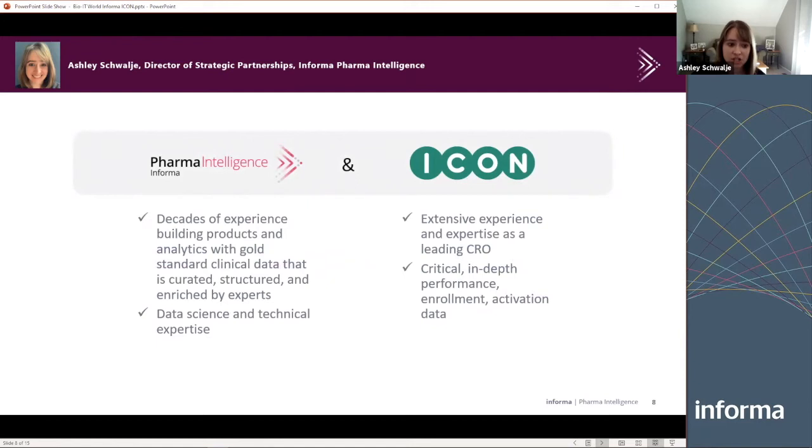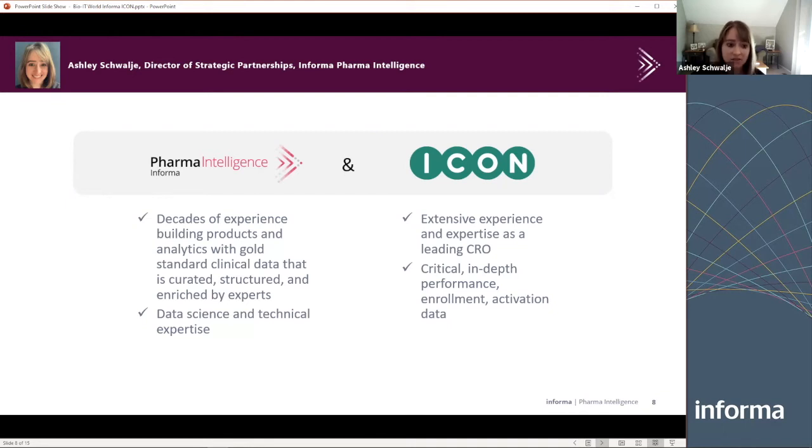So as Ruth mentioned, we recognized that we had complementary strengths in expertise, capabilities, data that would really make it make sense for us to join forces. So specifically at Informa Pharma Intelligence, we have decades of experience building products and analytics with gold standard clinical data that's curated, structured, and enriched by our expert analyst teams on a daily basis.